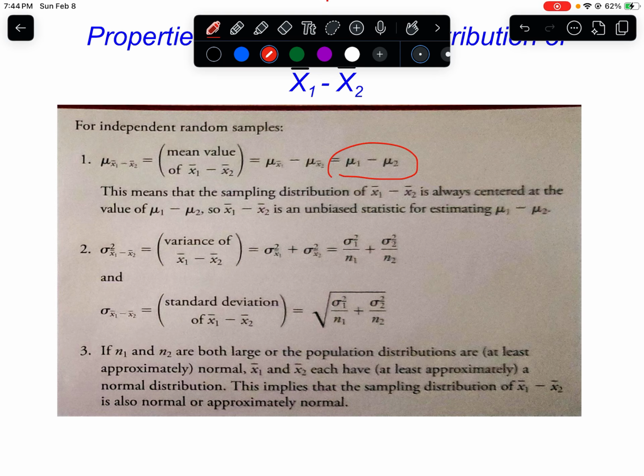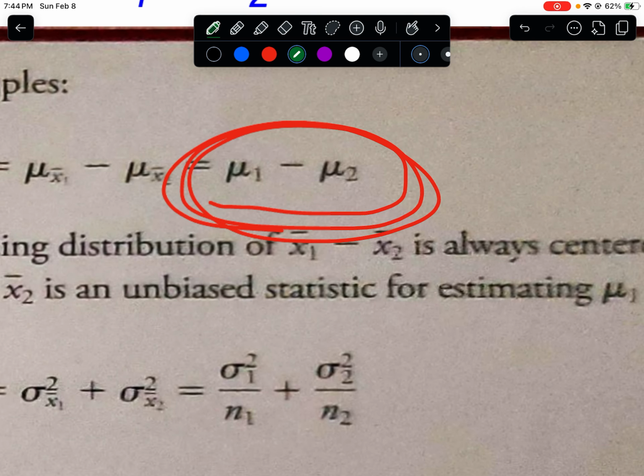So like this first one here, this part, mu1 minus mu2. This is one thing we're going to see a lot in this situation dealing with 2 data sets. It's going to be a lot of little subscript letters, like that 1 and that 2, trying to distinguish between one data set and the other.